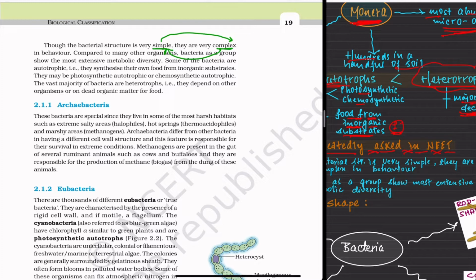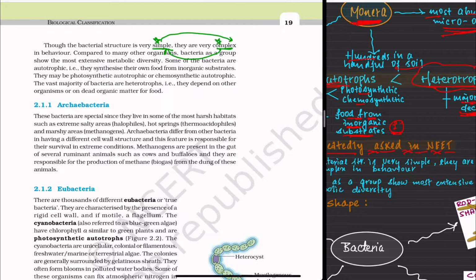Now you would get easily confused. We would tick yes, it is the right option. At a certain point in our lives, we had one NCERT book, and we had read a chapter, biological classification. I think I have heard this line. We would not focus on these words. We would think, yes, I have read this question.